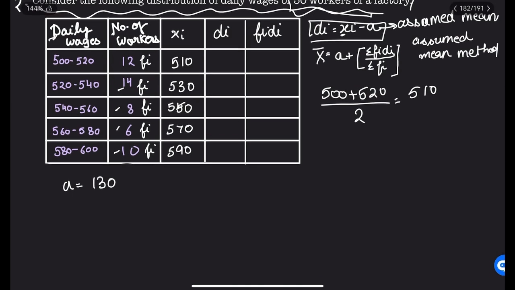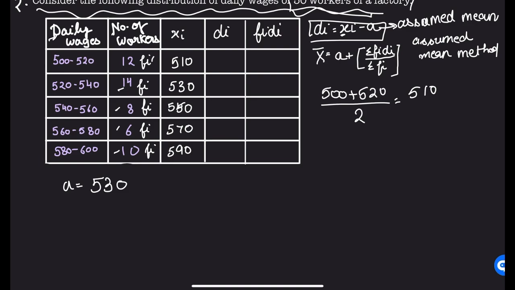So here the value of di is xi minus a, and a is 530. Then how do we know this? How do we choose?